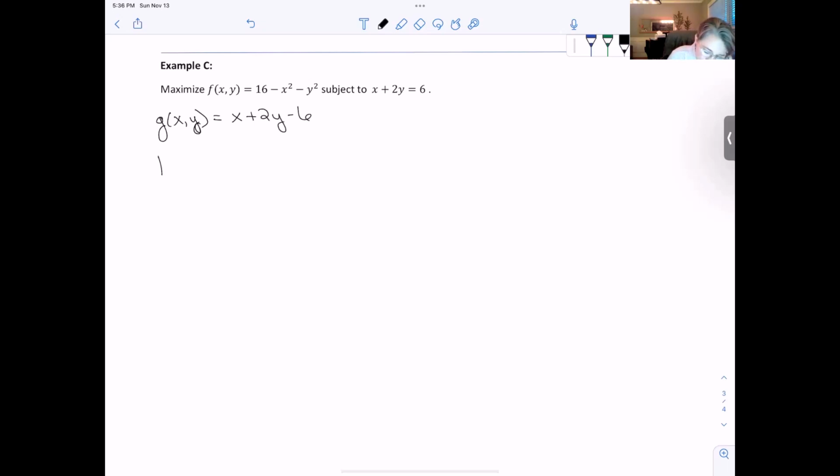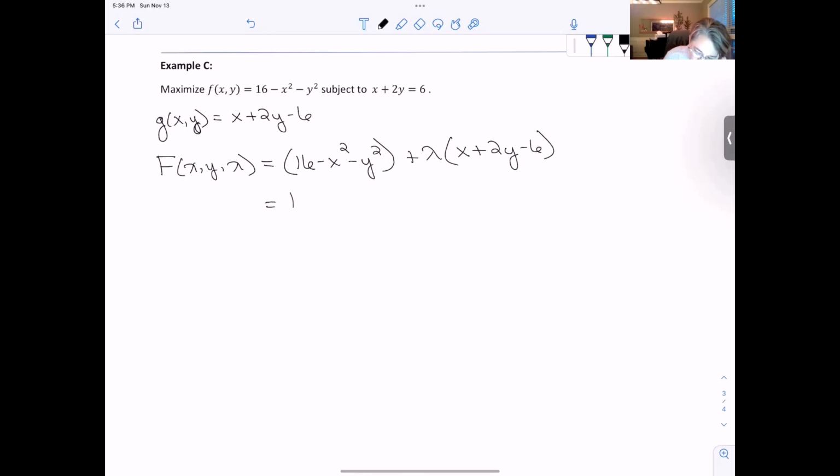Then we want to write capital F. This is the Lagrangian function, the formula. So we start with our original 16 minus x squared minus y squared plus lambda times our constraint when it's set equal to 0, x plus 2y minus 6.